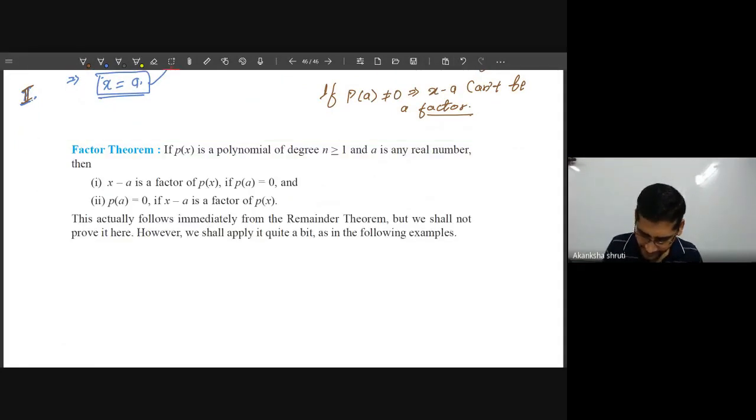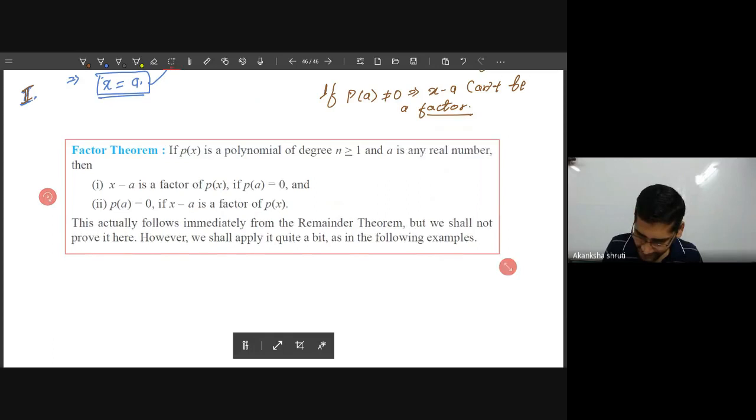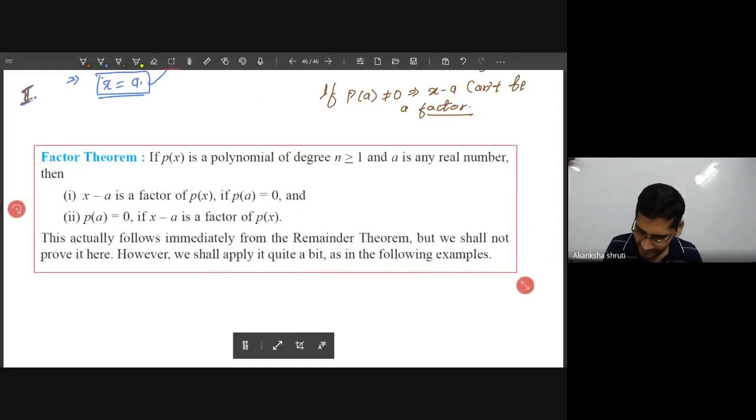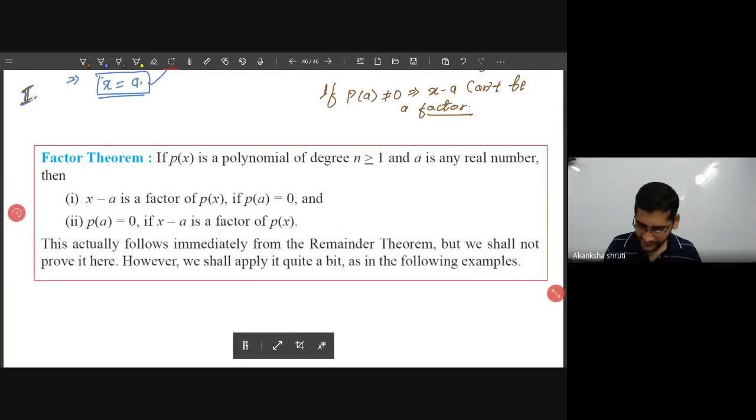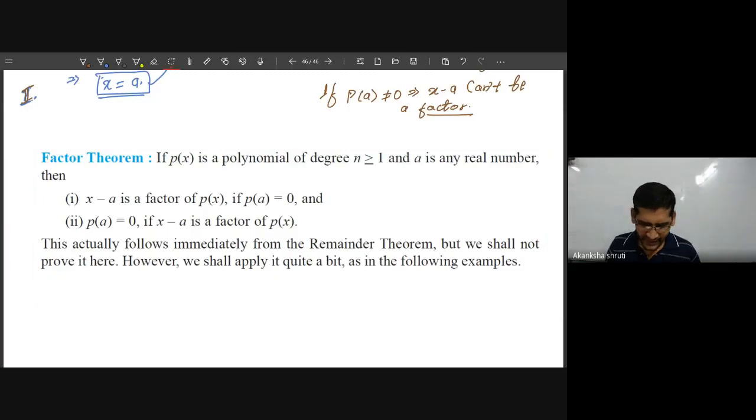See, what is this factor theorem? So the factor theorem is represented like this. Students, see, what is here? P(x) is a polynomial of degree greater than 1. Obviously, the quadratic can be reduced to two linear factors.